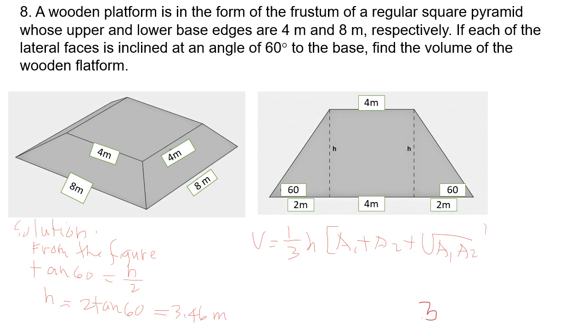So equivalent to 1/3 times 3.46 times 16 plus 64 plus square root of 16 and 64, so equivalent to 129.32 meters cubed.